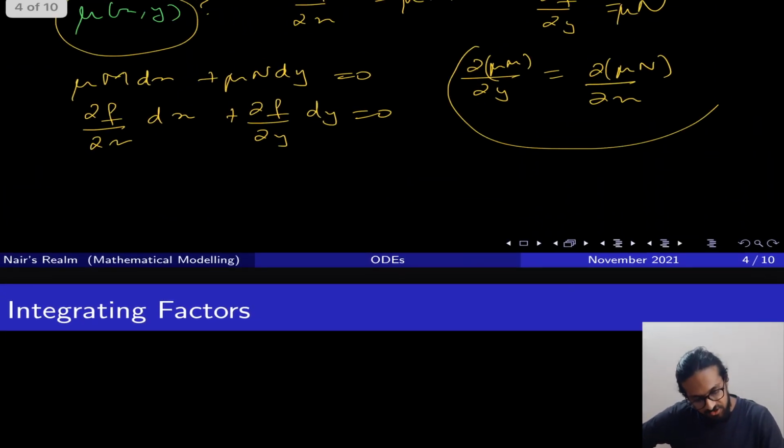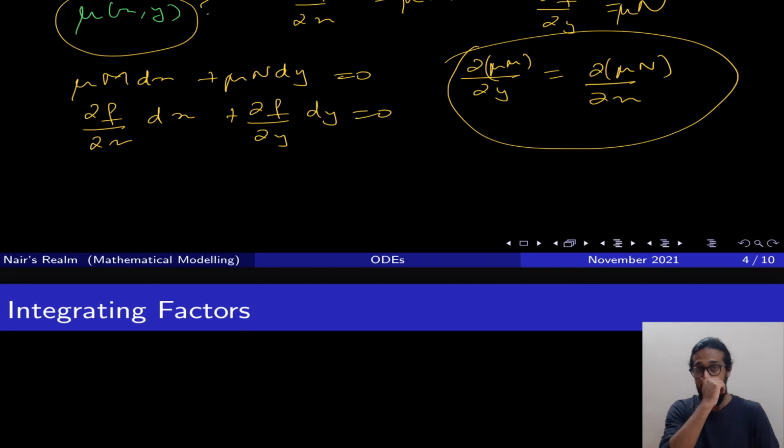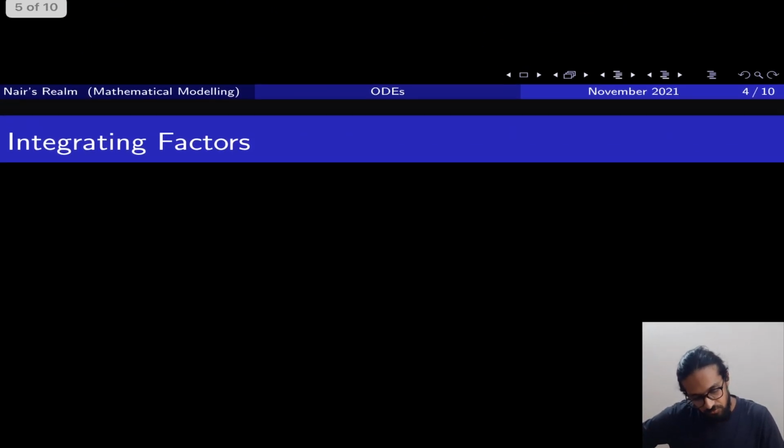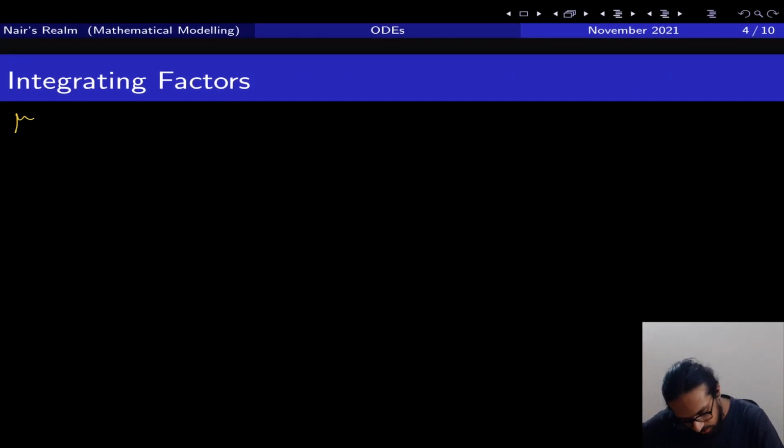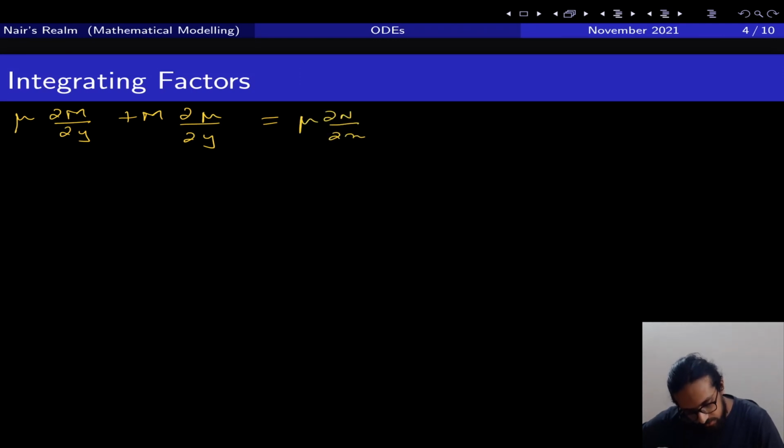This will be the sufficient and necessary condition which we have. So if I were to expand that, what I will get is μ times ∂M/∂y plus M times ∂μ/∂y is equal to μ times ∂N/∂x plus N times ∂μ/∂x.